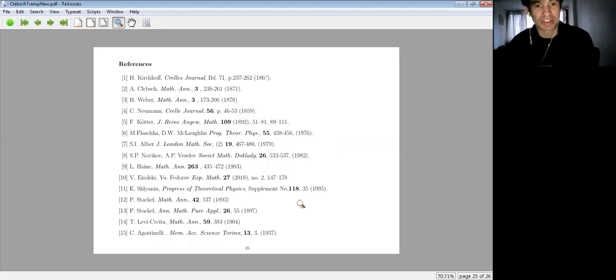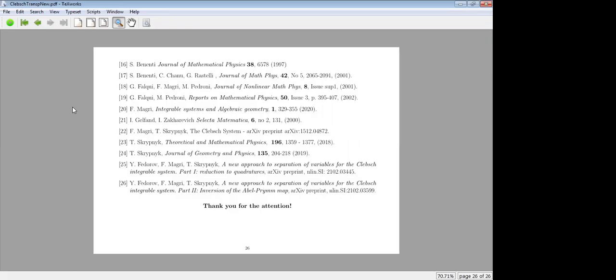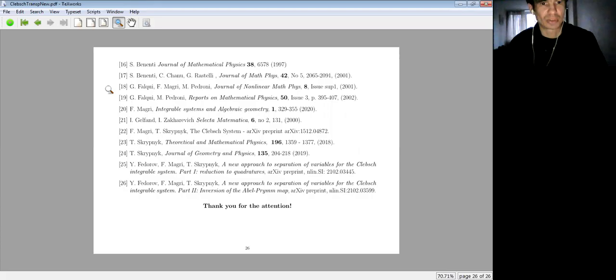I'm finishing, yes. Skrypnyk's paper where he has introduced the magic recipe. Then a series of classical papers of Stäckel, Levi-Civita, Agostinelli, and the subsequent papers of Benenti and his school, where the standard approach to the separation of variables for systems on cotangent bundles has been considered.